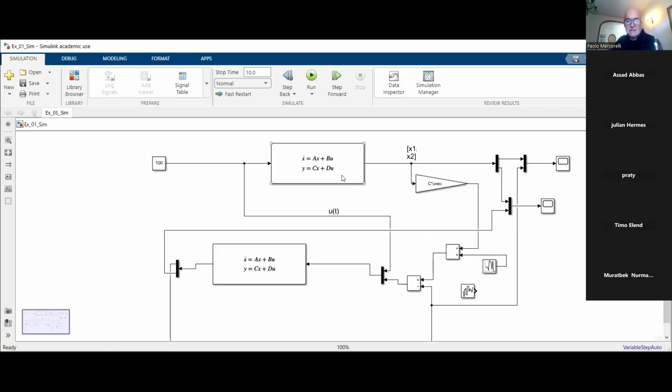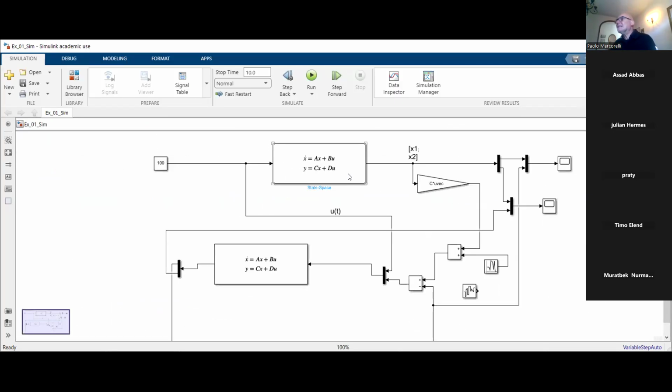We can see here the system now characterized by matrices A, B, C, D, and not anymore by, do you remember, this complex connections of integrators? But I can do that.